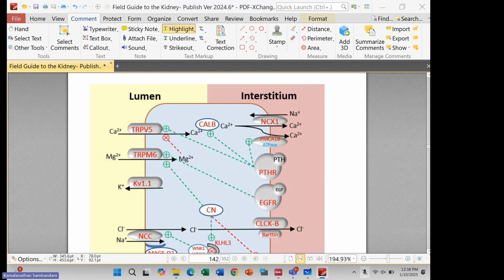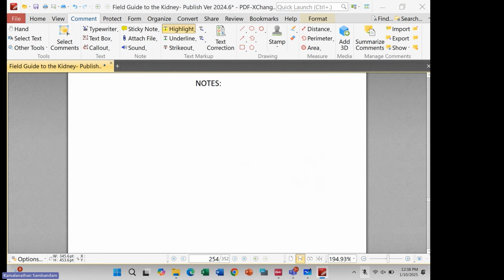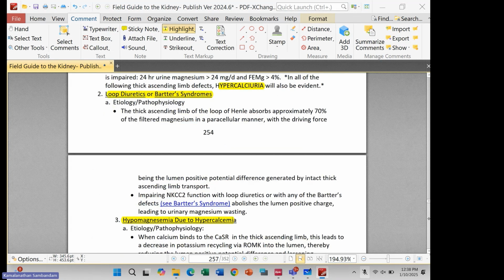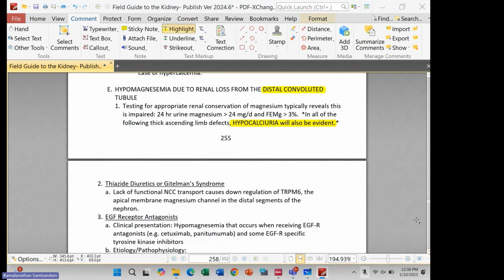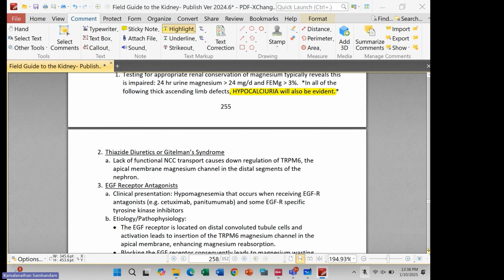And so it's quite possible that, yes, you have Gitelman syndrome, which typically is associated with hypocalciuria, but you volume expanded the patient, and that would increase the urinary calcium excretion rate. And so that is not, in that case, a reliable test for DCT versus thick ascending limb defects. Okay, so soften what you may have learned in textbooks about Gitelman's and Bartter's, as well as targeting where the defect in magnesium transport is occurring, thick ascending limb versus DCT.